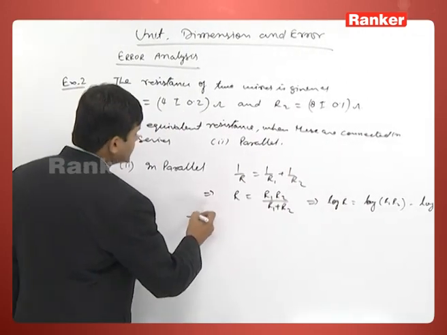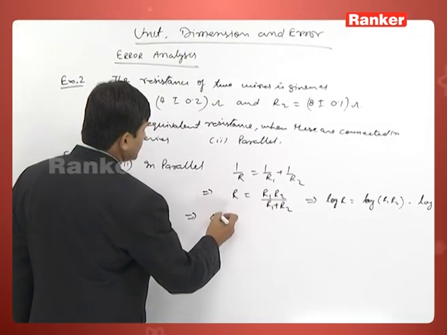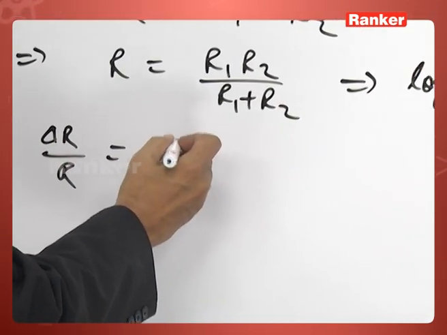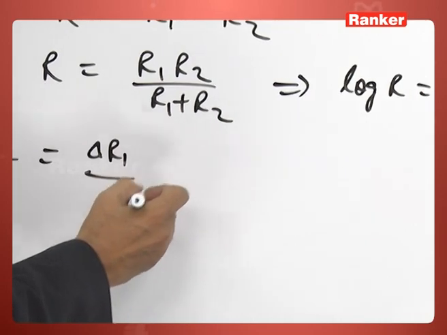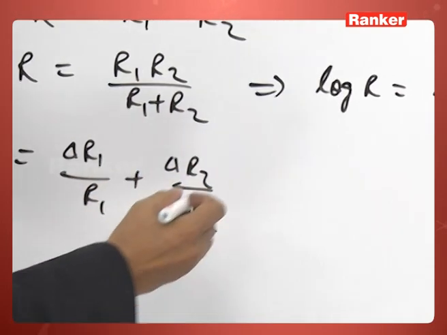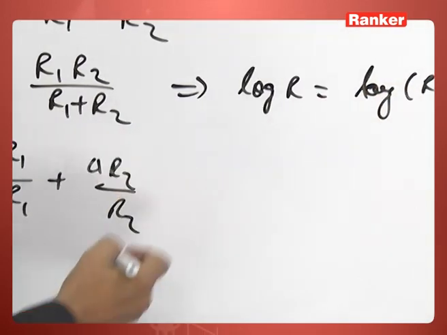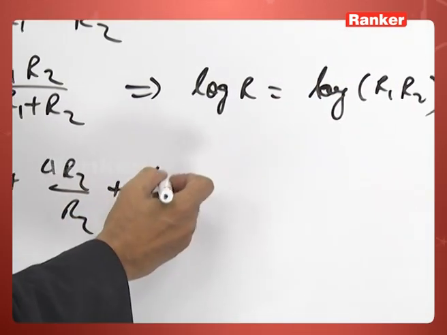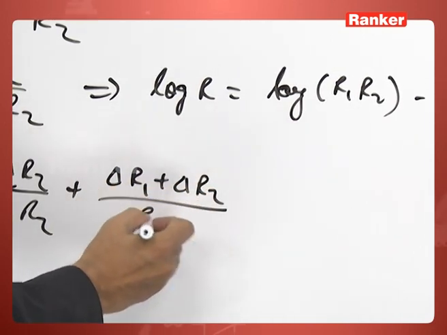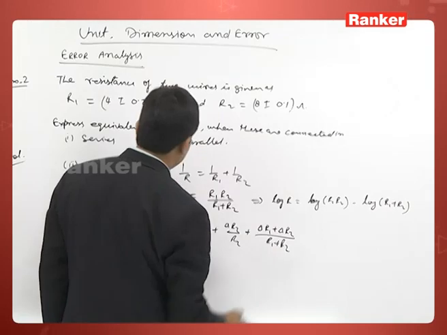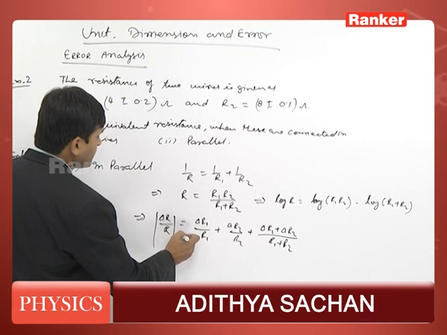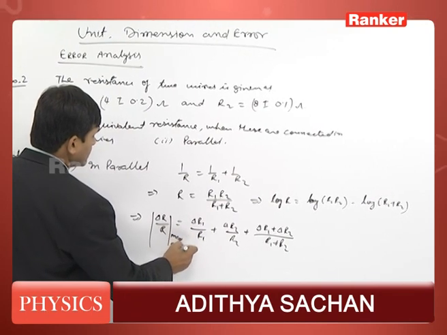After differentiation we will get delta R by R is equal to delta R1 by R1 plus delta R2 by R2, and for error no negative sign, all positive, minus delta R1 plus delta R2 by R1 plus R2. So this is called the maximum error.